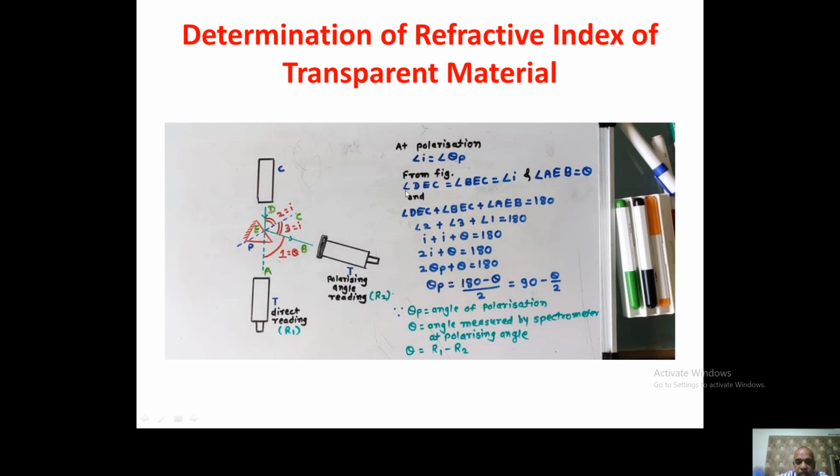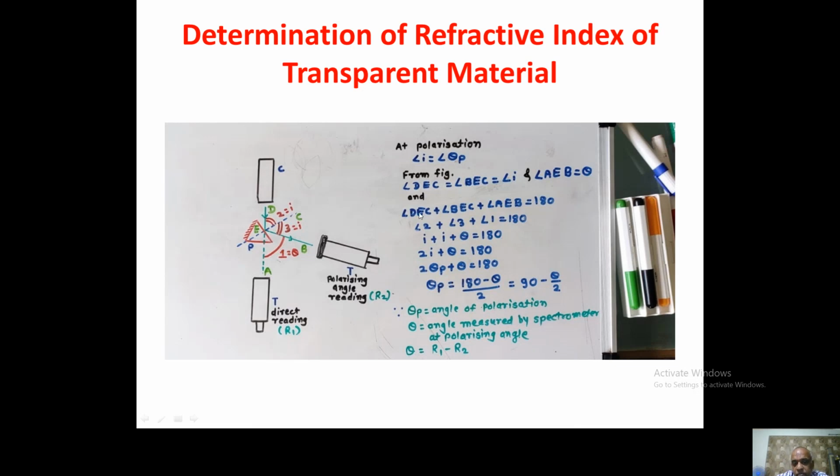Now from the figure, angle DEC is equal to angle BEC, which is equal to angle i, and angle AEB is equal to theta. This theta is measured, that means the direct reading and this polarizing position reading, which is nothing but our theta, measured with the help of our experiment.